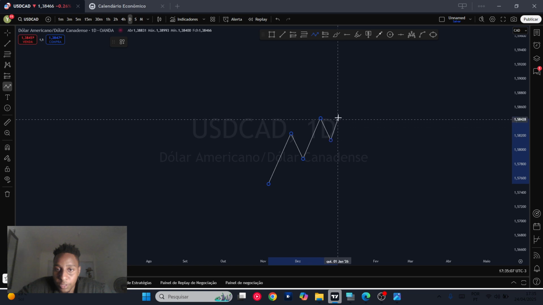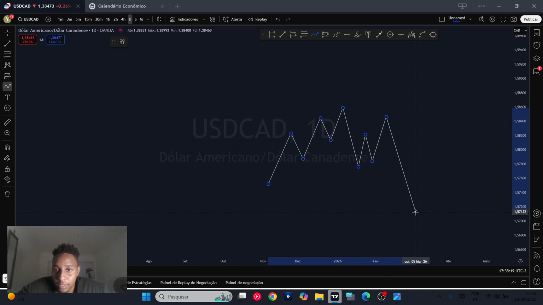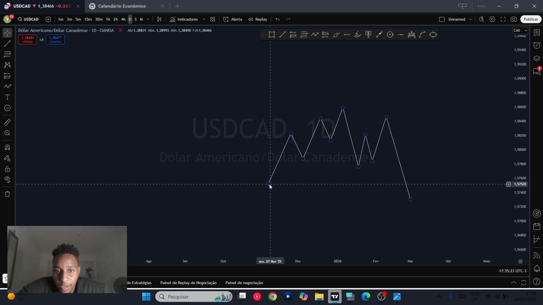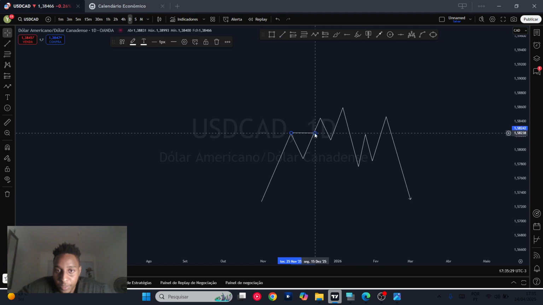Created another breakout structure, and then price reversed, created a little bit of inefficiency to make people try to sell here, and then came up again just to sell off. So let's draw this again, like price here broke structure, right?